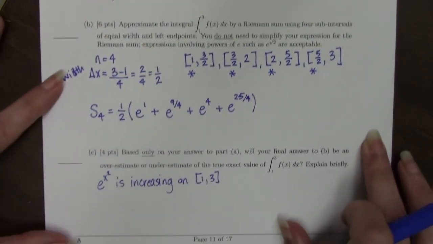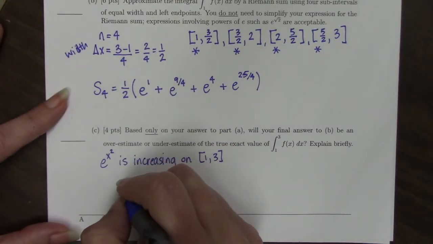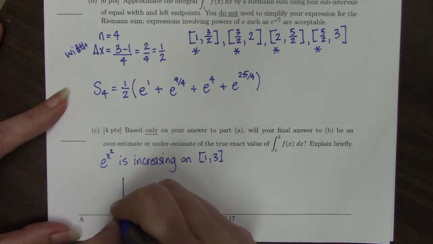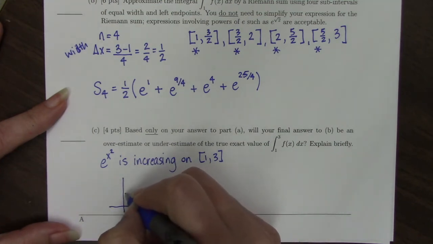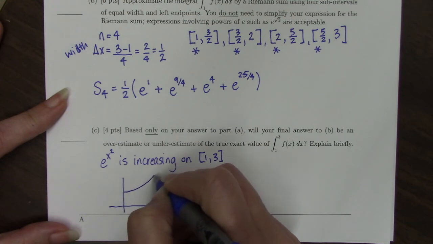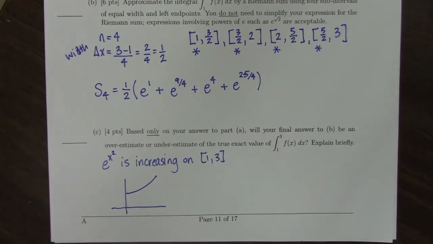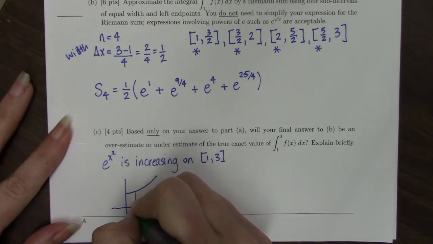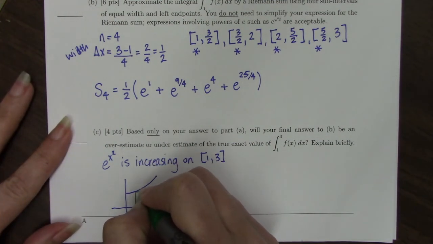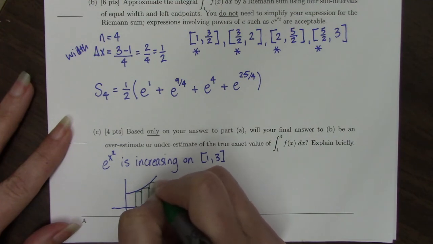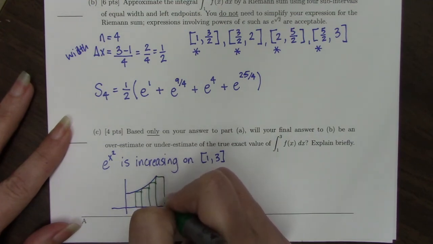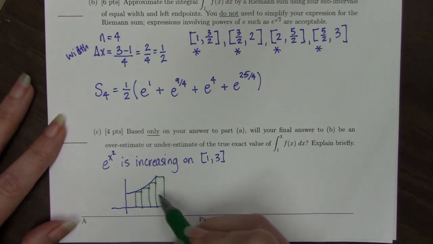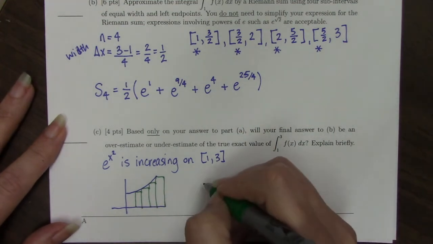So since this function is increasing, I don't have to draw an exact picture of the function, but I know that actually from 0 on, this function's increasing. So if I do left endpoints from 1 to 3, I'm just going to draw 4 little rectangles here, I can see that the rectangles live under the curve.